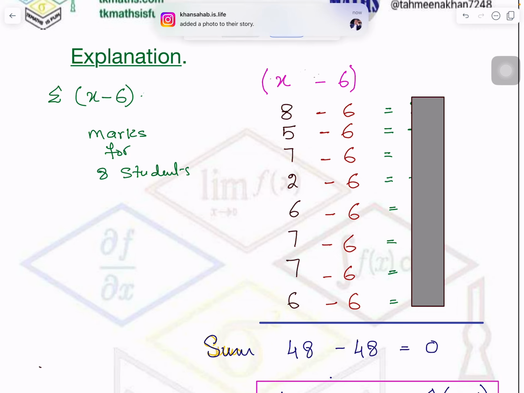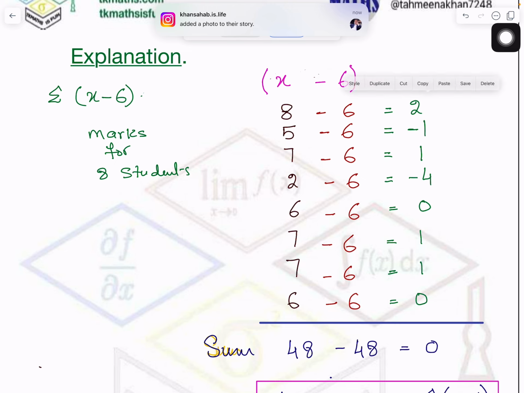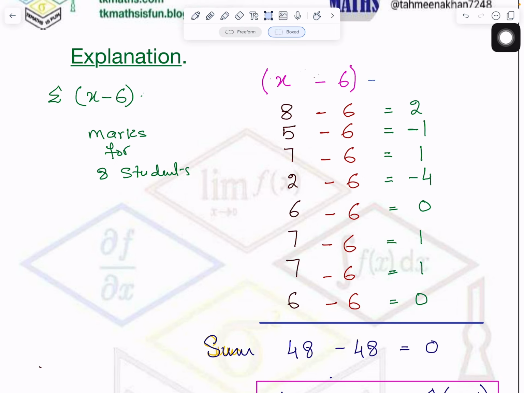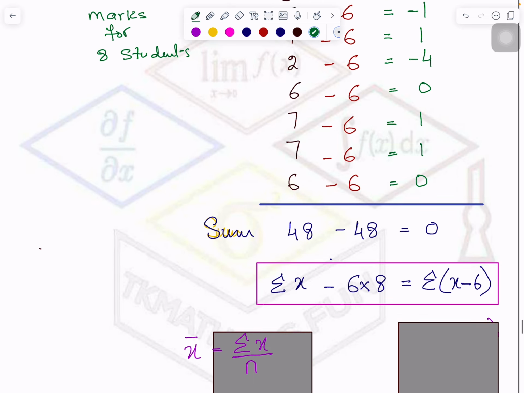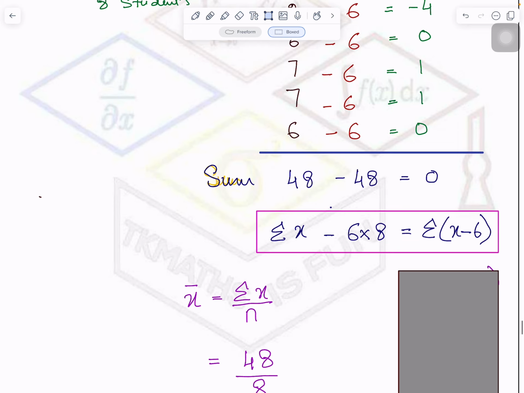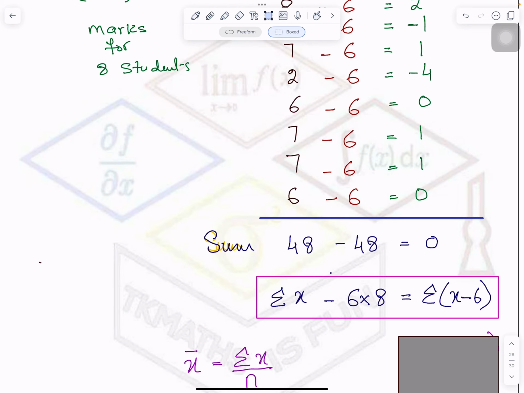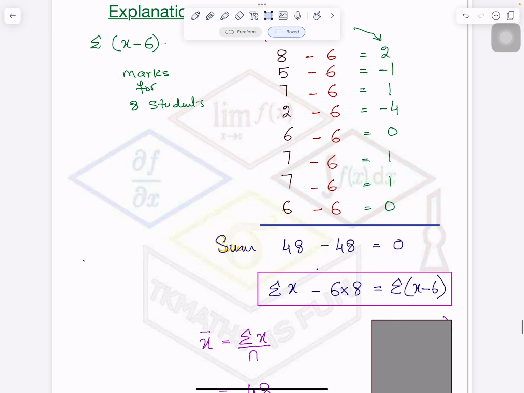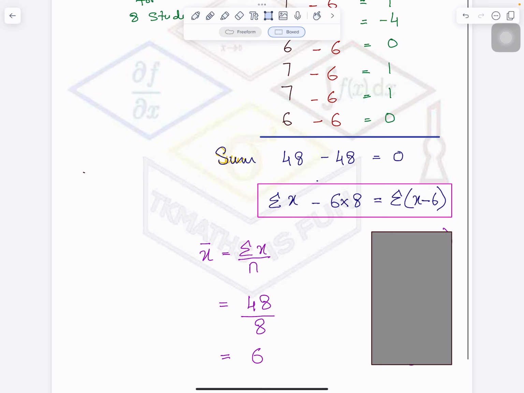Okay? And this is my new data, which is x minus 6. And the sum is 0. Now see here, if I try to find out the mean of the actual numbers, which is 48, it will be 48 divided by 8 equals 6.